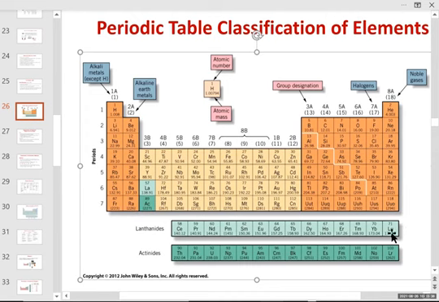Now there are 2 rows of elements at the bottom of the periodic table. They're called lanthanides and actinides. Why are they there? The reason is to keep up the periodicity, to have elements in the same group or column with similar chemical properties.